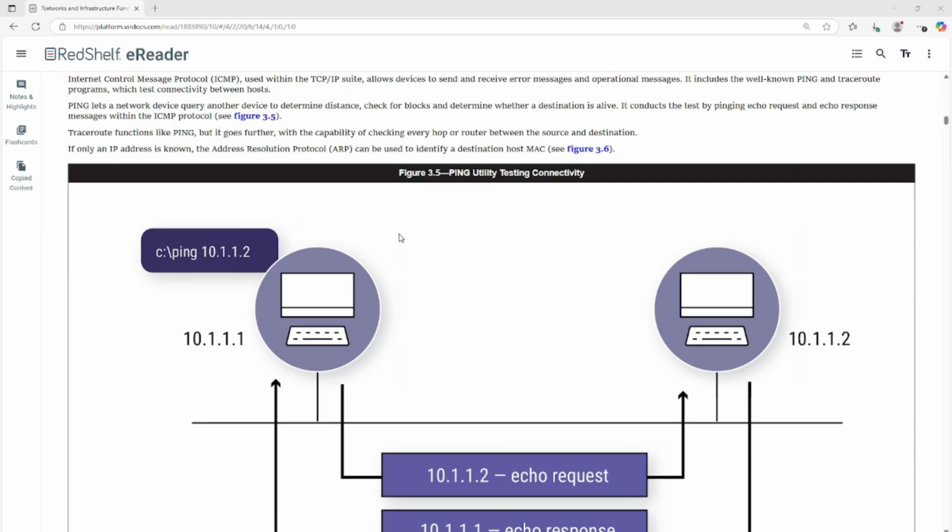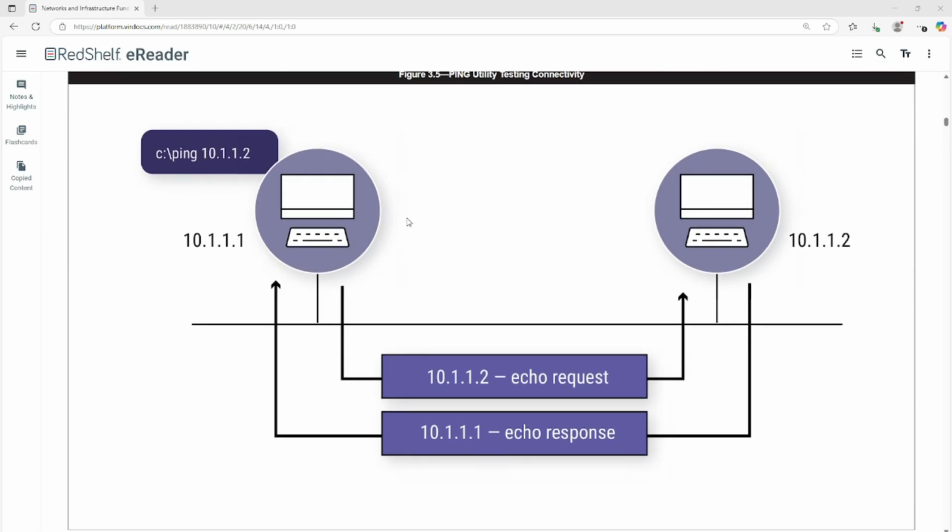The diagram on figure 3.5 shows a ping utility testing connectivity. So if you have a computer, you just go to the command interface, you open it up.